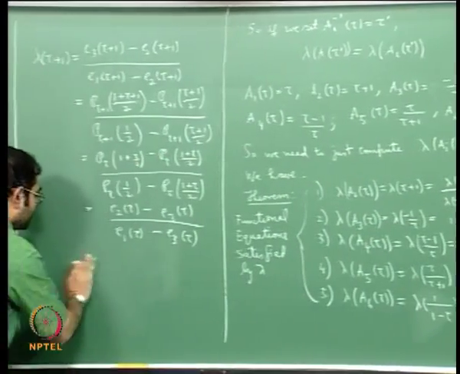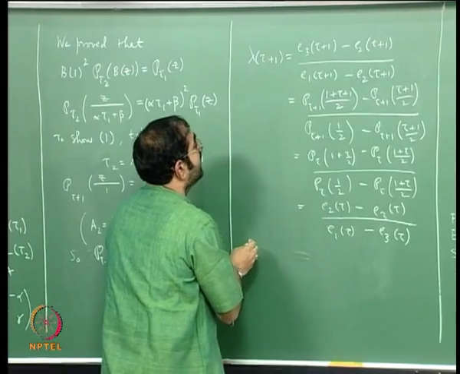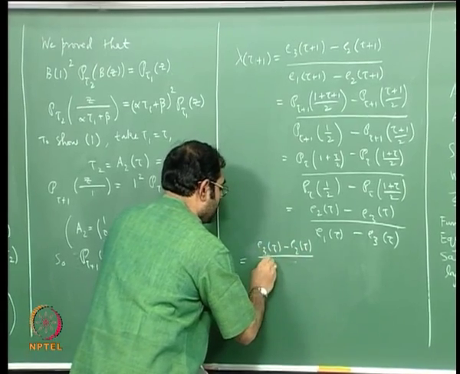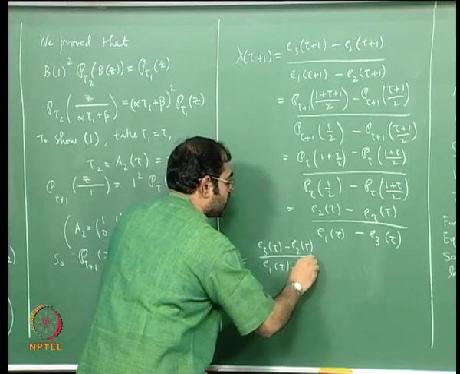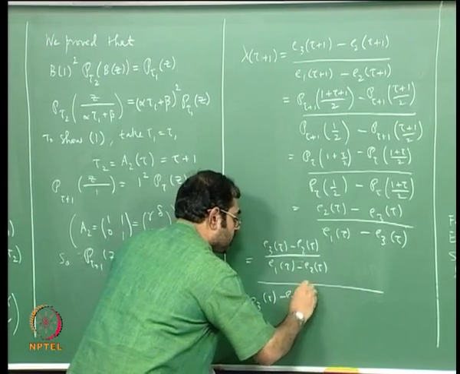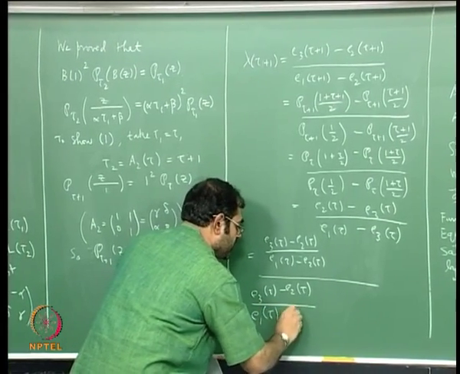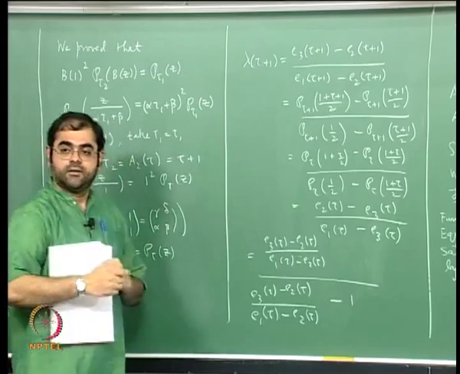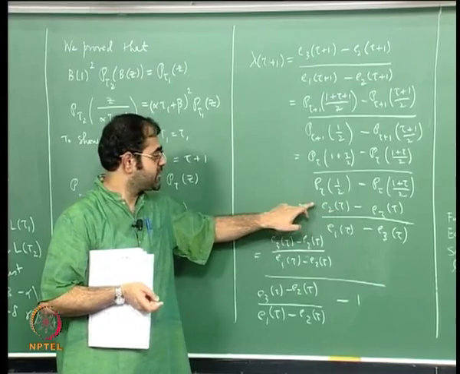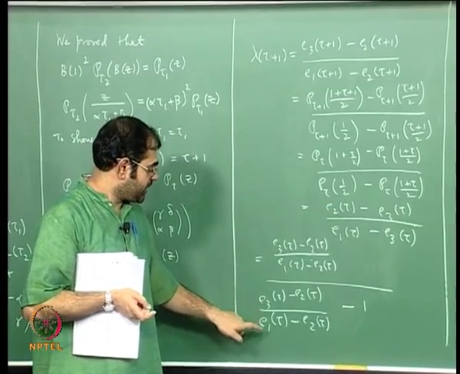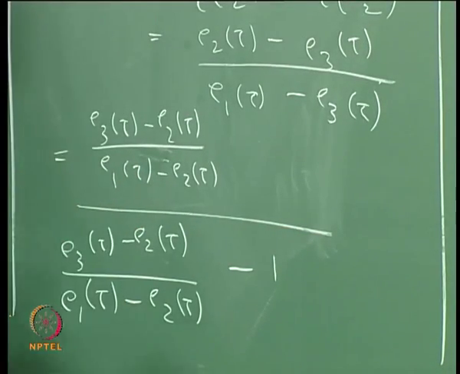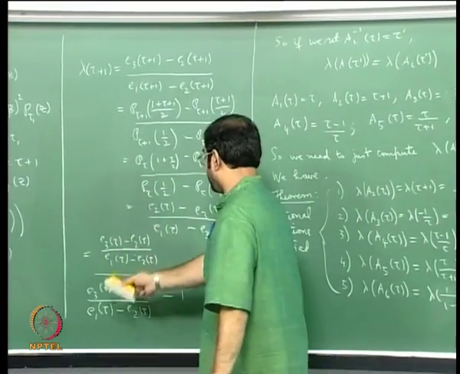It is very easy to see that it is E3 of tau minus E2 of tau by E1 of tau minus E2 of tau, divided by the same quantity minus 1, because if you simplify this, you get E3 minus E2 on top, the same as this up to a sign, and in the denominator you get E3 minus E1, which is the denominator up to a sign. So you will get that lambda of tau plus 1 is lambda of tau by lambda of tau minus 1, which is the first functional relation.